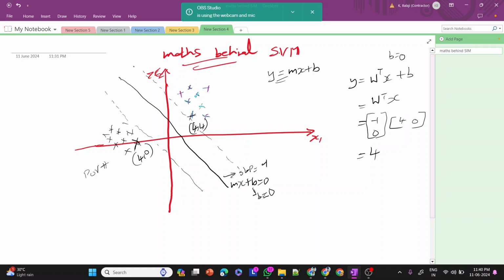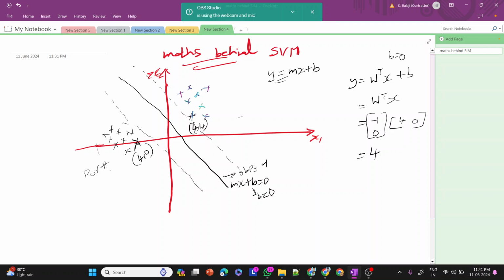This formula represents the hyperplane. Whenever we apply these points in this hyperplane formula, we will get a positive value for all these points.